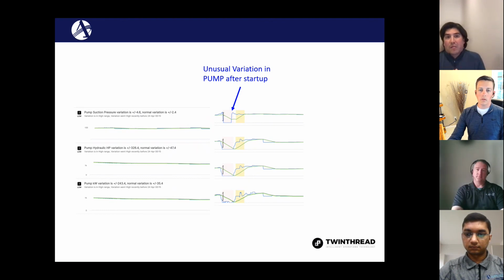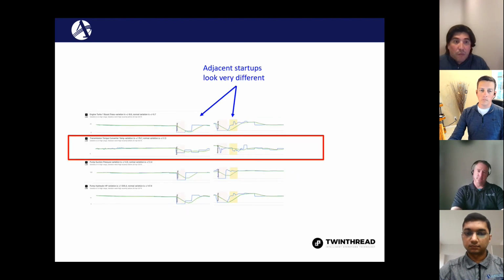So we're looking at hundreds of parameters across all these assets. So think about the level of scale required to be able to automate all of this machine learning across the fleet, but then ensure that we're driving anomaly detection at each different parameter that's important for generating variability.